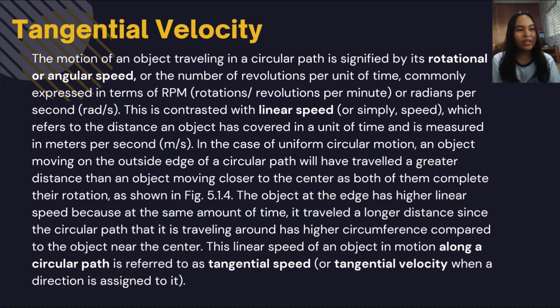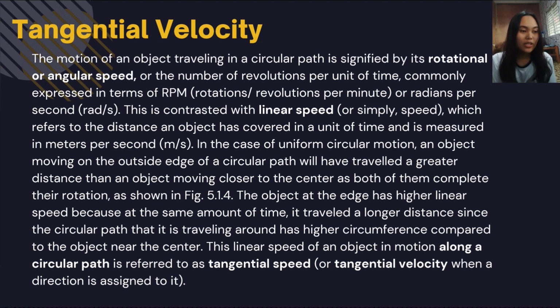Next we have the tangential velocity. The motion of an object traveling in a circular path is signified by its rotational or angular speed, or the number of revolutions per unit of time, commonly expressed in RPM, revolutions per minute, or radians per second, also known as rad/s.